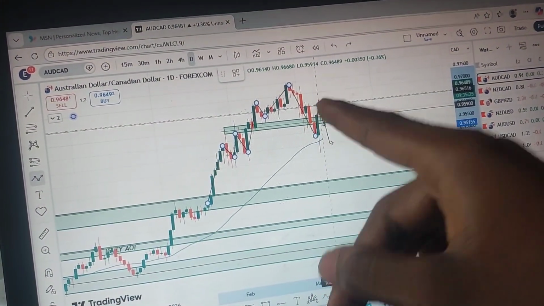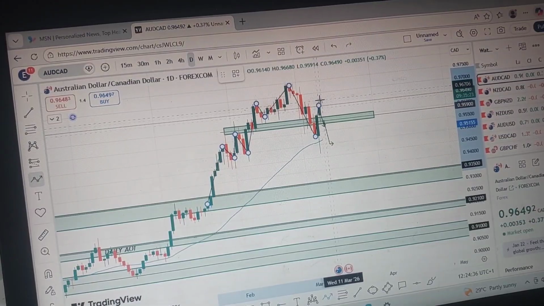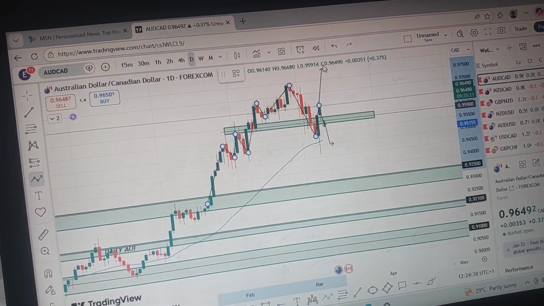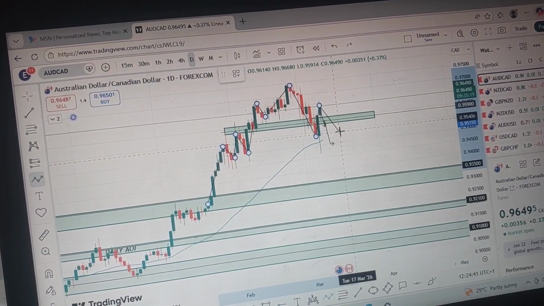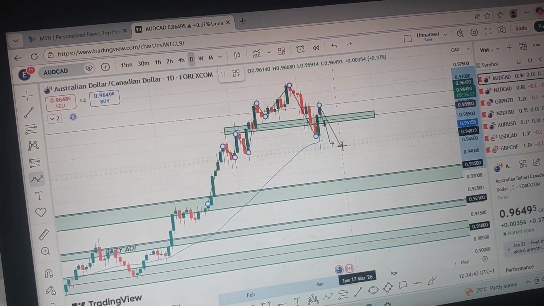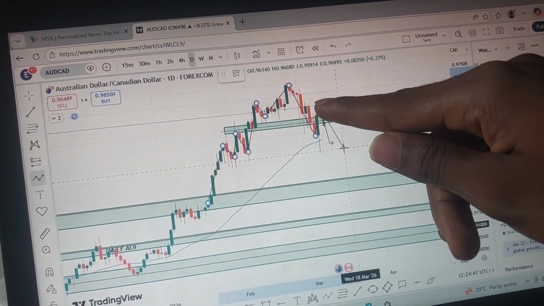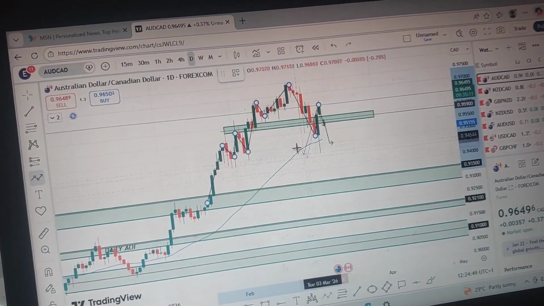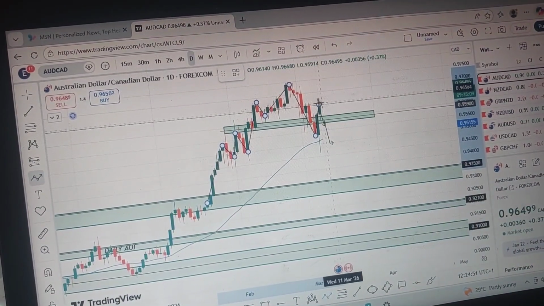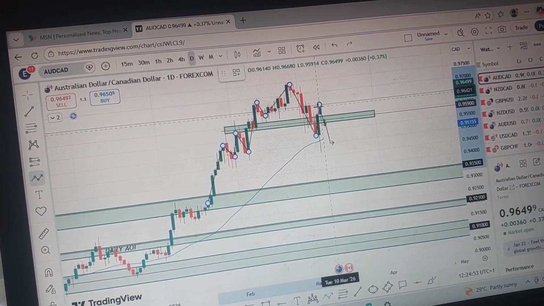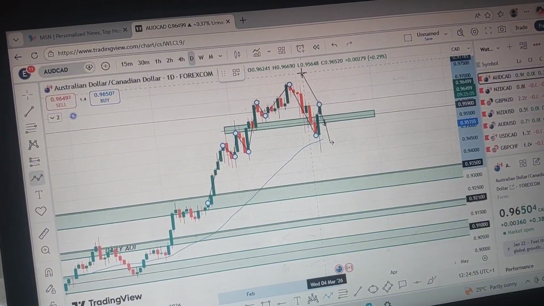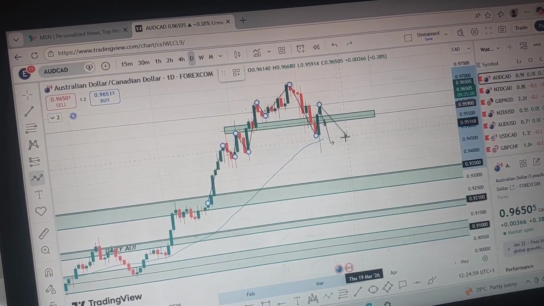This is not a lower high because this market can do this or can do this. Until this market does this, this doesn't become a lower high. Now the market is just in one spot here. From here the market can go up, or we have the slowdown, then it goes down.